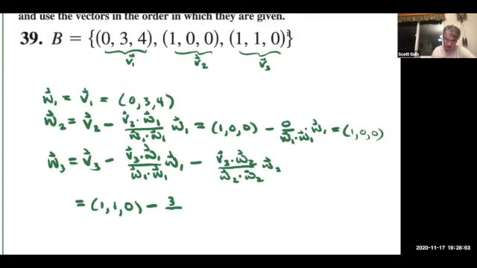That's going to be a little messy. You're going to have 3 squared plus 4 squared, so that's 9 and 16, which is 25. And then times W1, so W1 is 0, 3, 4.